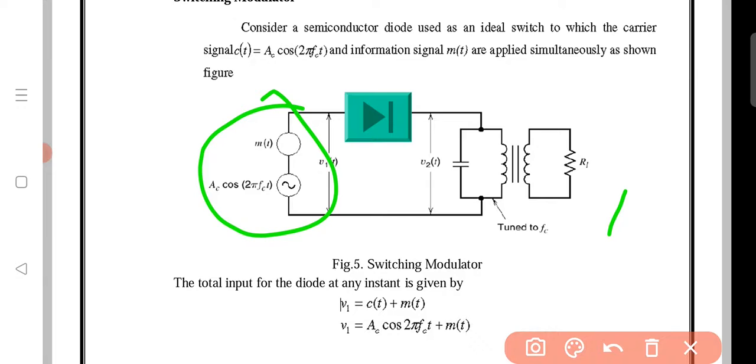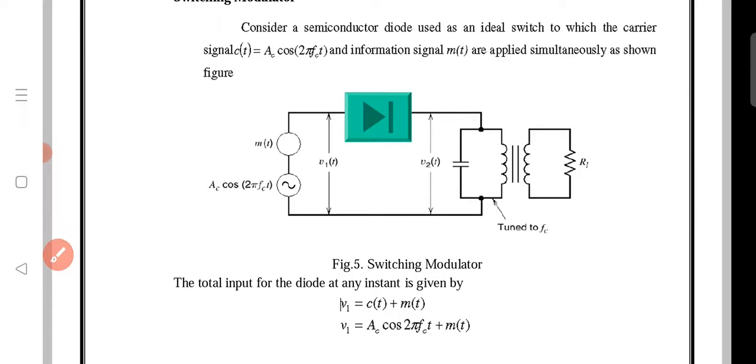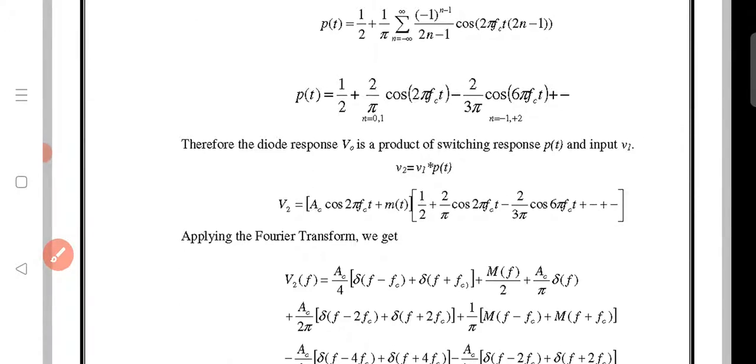When the diode is on, the message and carrier are both present at the output side, but that signal indirectly generates the pulse train. That is why p(t) is mentioned here.